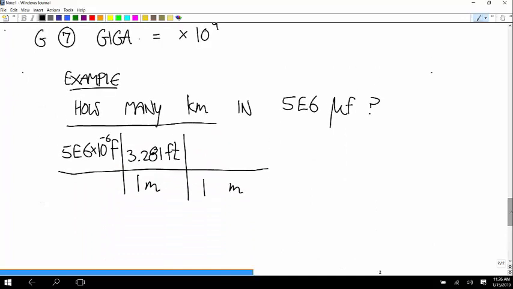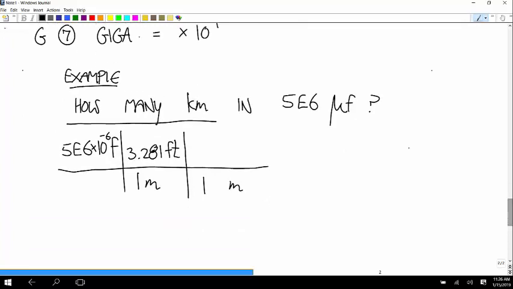Who's with me? Okay, thank you. So 1 kilometer is equal to 1 times 10 to the third meters.